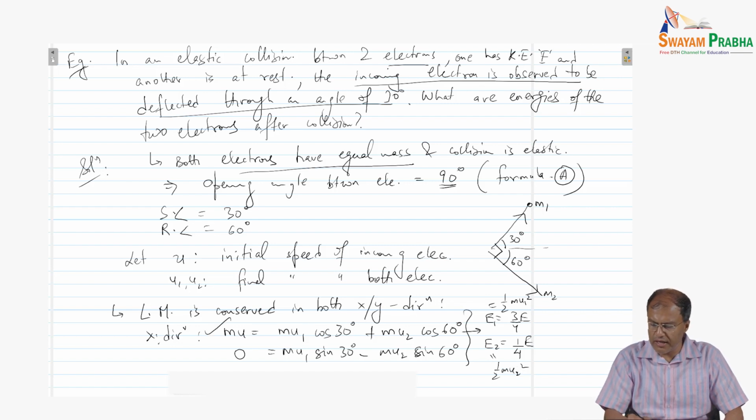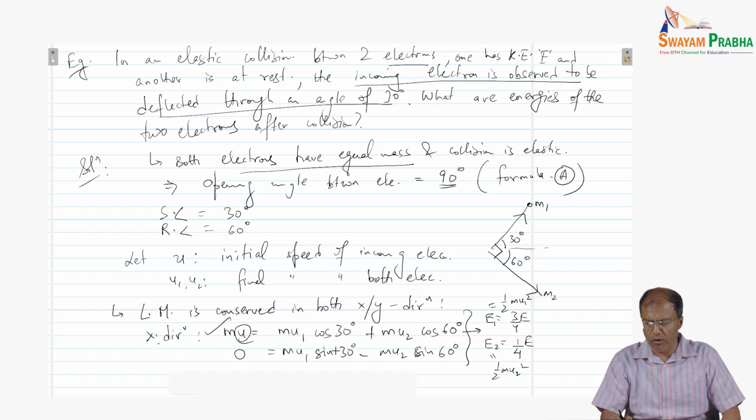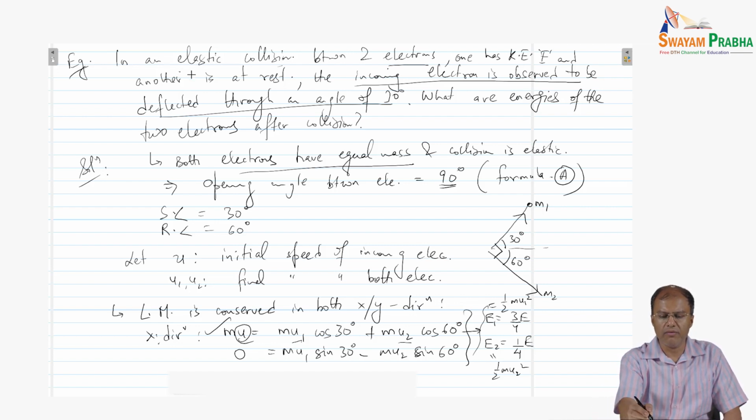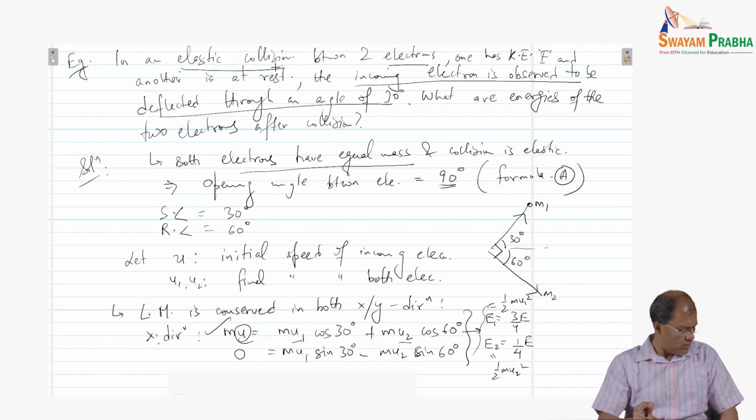We have two equations here, and in terms of the initial velocity u, I can solve for both u1 and u2 and write the energy in terms of the initial energy. Notice that the total energy E1 plus E2 is E, the initial energy, and hence energy is conserved, as this is an elastic collision.